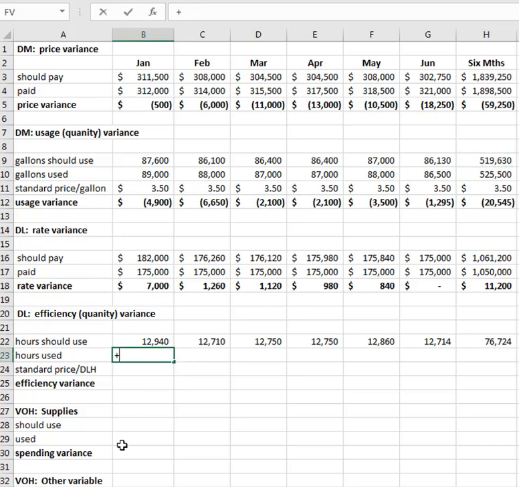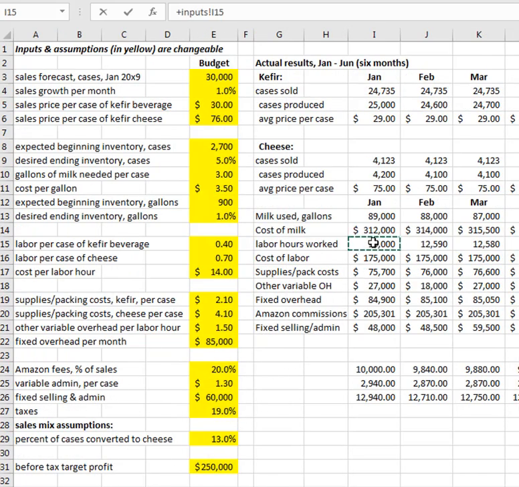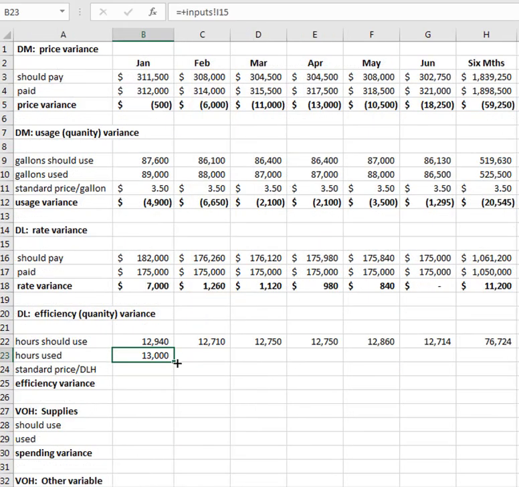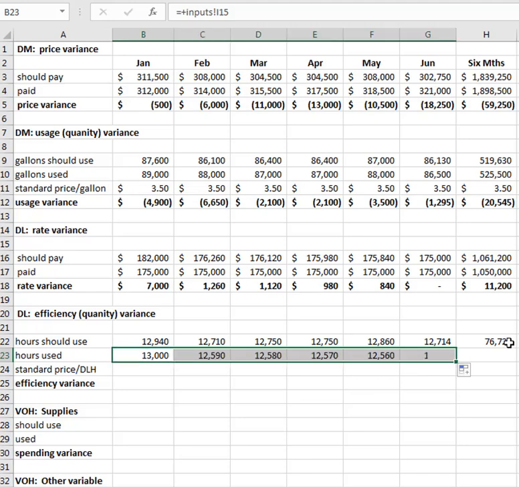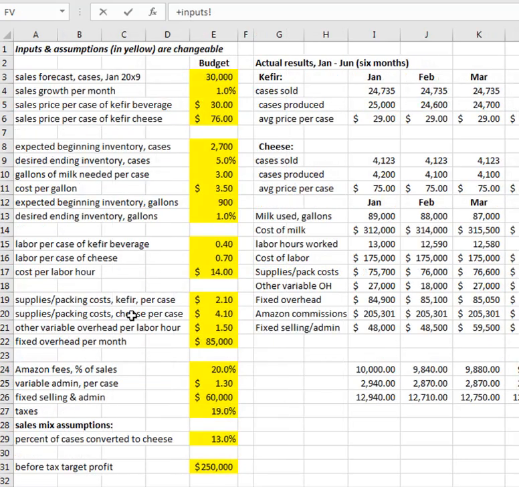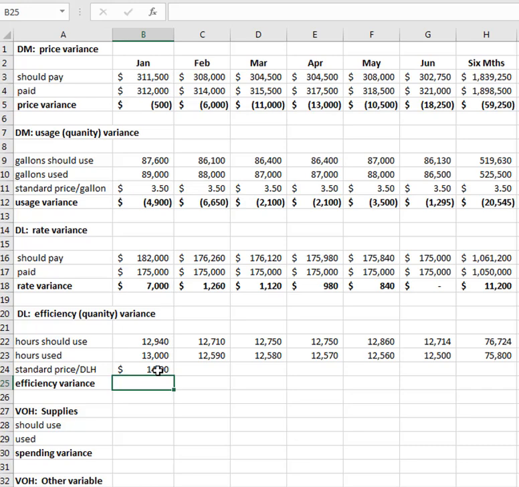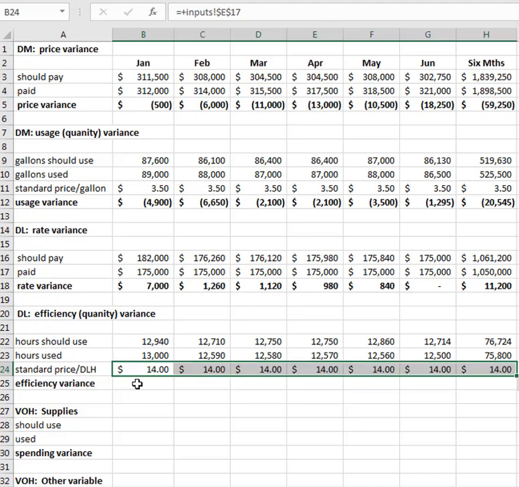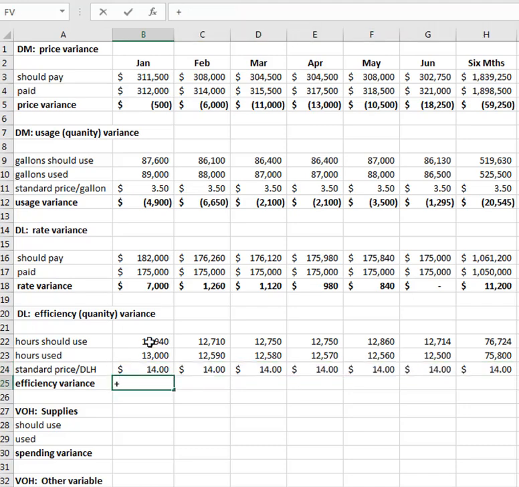Okay, and then how many hours did they use? Let's go on over here. Labor hours worked, which they give you. Okay, so we'll put the standard price in here per hour. Alrighty, and now we can calculate this variance. So what should they have used minus what they did use times the rate.